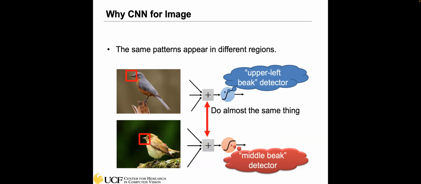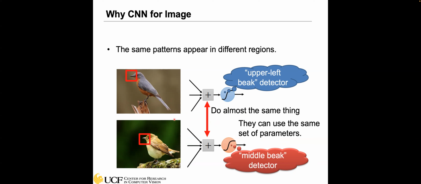But do we really need these two different neurons? Two different neurons means their weights and biases are going to be different, so they have two different sets of parameters. Do we really need two different sets of parameters to detect these beaks? It's not necessary, because they are almost doing the same thing; just the location is different.